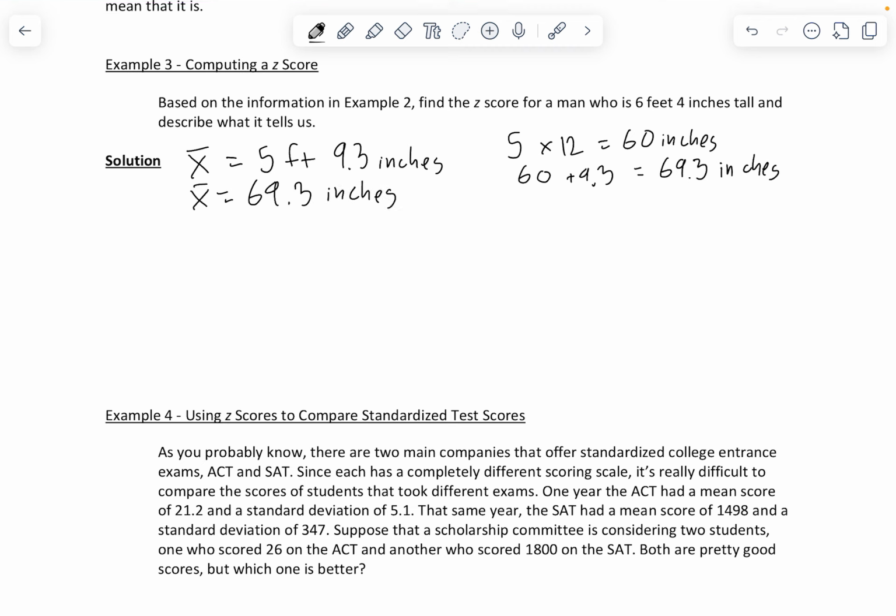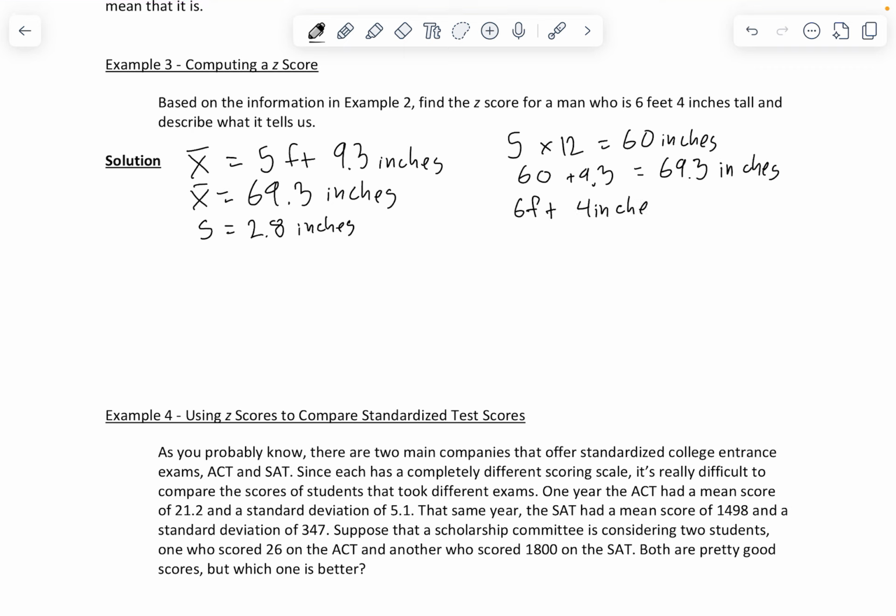My standard deviation, s, is 2.8 inches. And we want to find the z-score for a man who is 6 feet 4 inches tall. So 6 feet 4 inches.